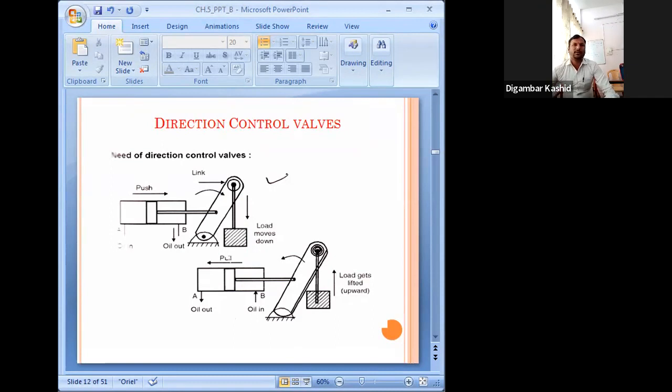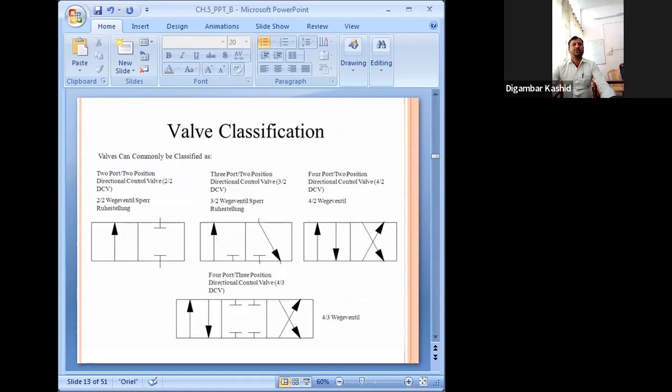To push, if fluid comes for pushing in this direction, the load will move downward, and if pulling, that means by reverse flow, the oil will come from this P port to A. That time the load gets lifted. So due to that only the direction control is used.